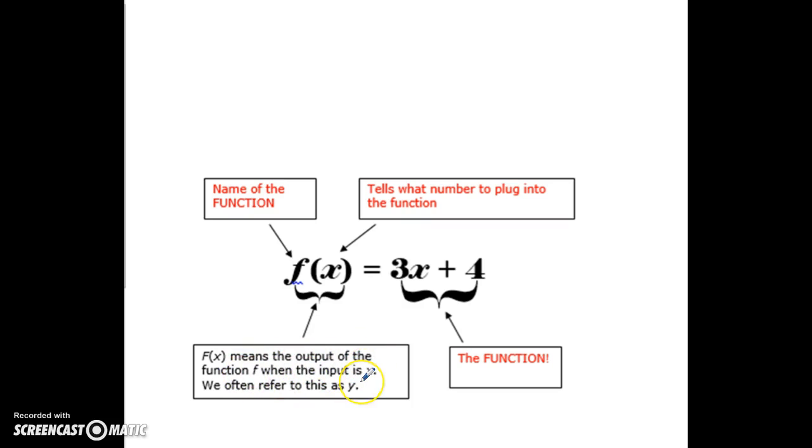We often refer to this as y. This is the name of the function. F is the name of the function. Inside the parentheses tells what number to plug into the function, and then the 3x plus 4 is the actual function.